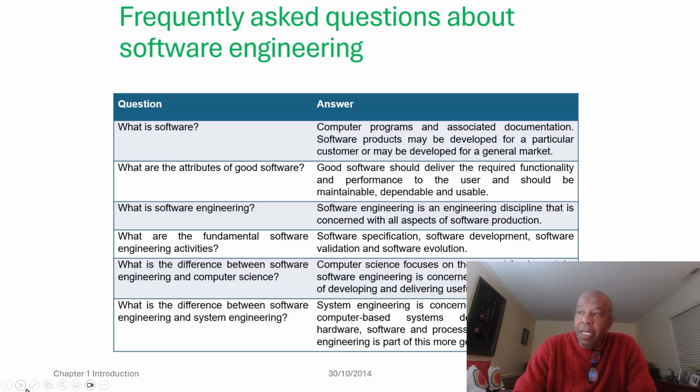What are attributes of good software? It delivers the required functionality and performance to the user. That's step one. The user says, I want A, I delivered A. The user says, I want B, I delivered B. The user didn't say anything about C, but C happened, and the user's not happy, even though they didn't ask for it.